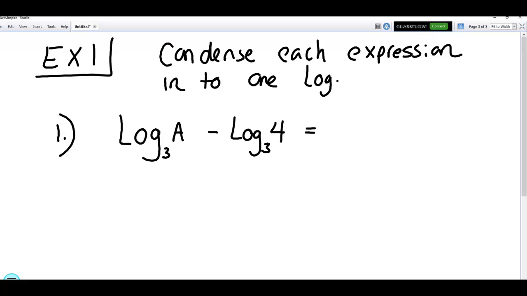All right, so notice how this is subtraction, right? What property, A, B, or C? It's B. So according to property B, I can put those together into one log if I do this one divided by this one. So it's going to be A over 4. That's it.